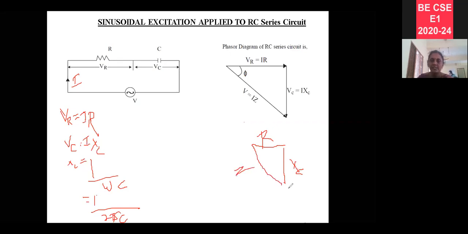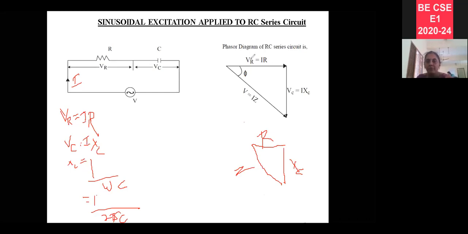This is called the impedance triangle for an RC series circuit. In an impedance triangle, you will have only the resistance, reactance and the impedance. Voltage and current will not be present, right? This is called the impedance triangle for RC series circuit.